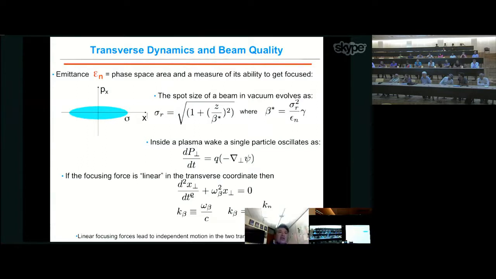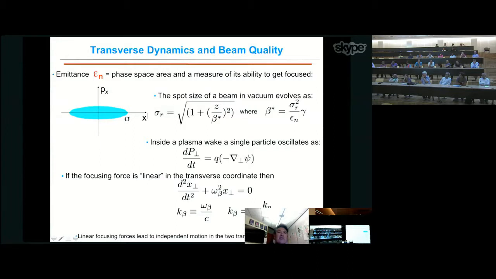There's something called the emittance, which is basically the area in transverse phase space. So if the beam's propagating in Z, then the two transverse directions are X and Y. So let's look at the phase space in the X direction. You have spot size in X and a maximum px.